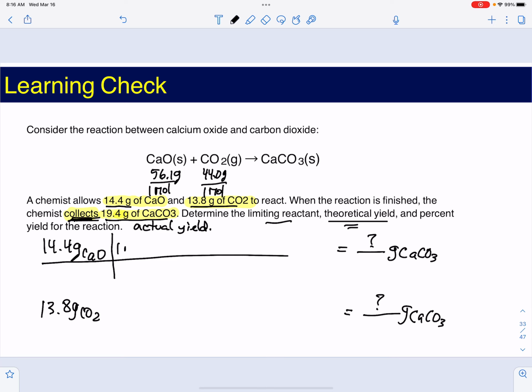We want the moles of, always grams to moles. You cannot do anything unless you have the moles. 1 mole of calcium oxide equals 56.1 grams. But we do not want the moles of calcium oxide because we're actually looking for the moles of calcium carbonate. And according to the balanced equation, it is 1 to 1.